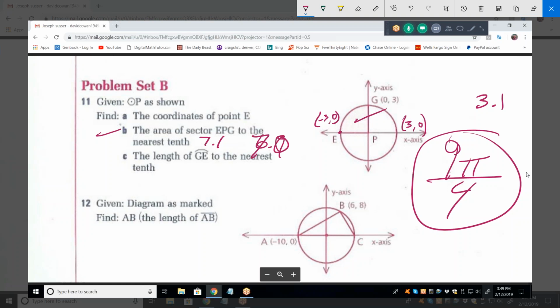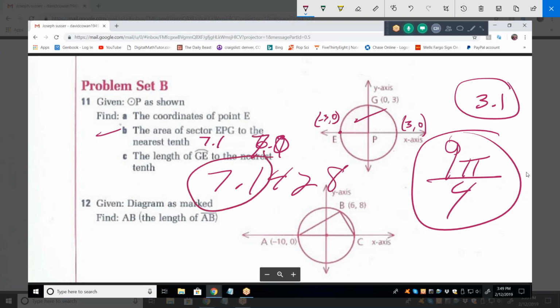So when they say round off to the nearest tenth, that does not mean round off pi to the nearest tenth. In fact, the best way to do it is to do it in your calculator and use the pi key. And then you'll get an answer like 7.1428, and then it's easy to round that off to the nearest tenth. Mm-hmm. All right.